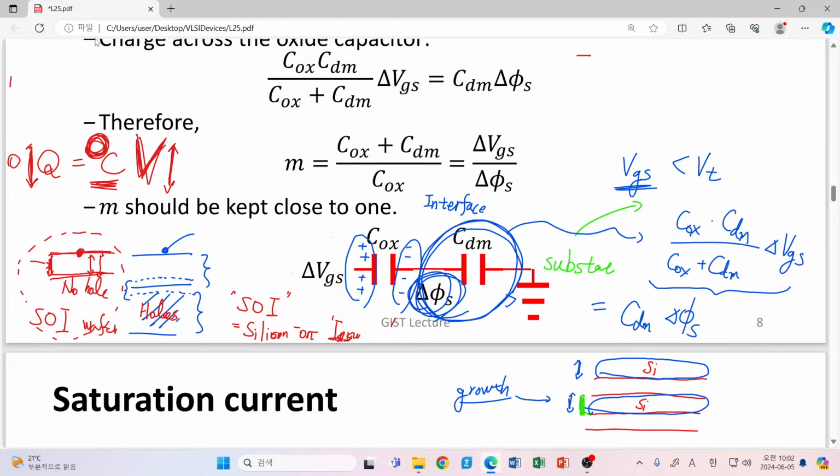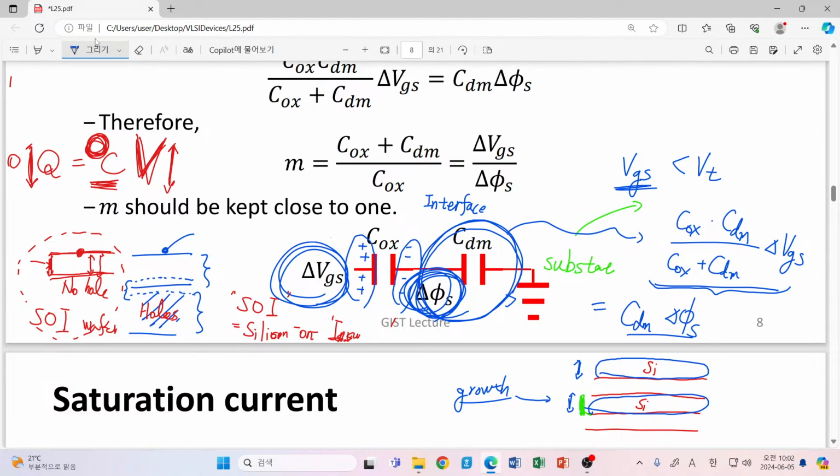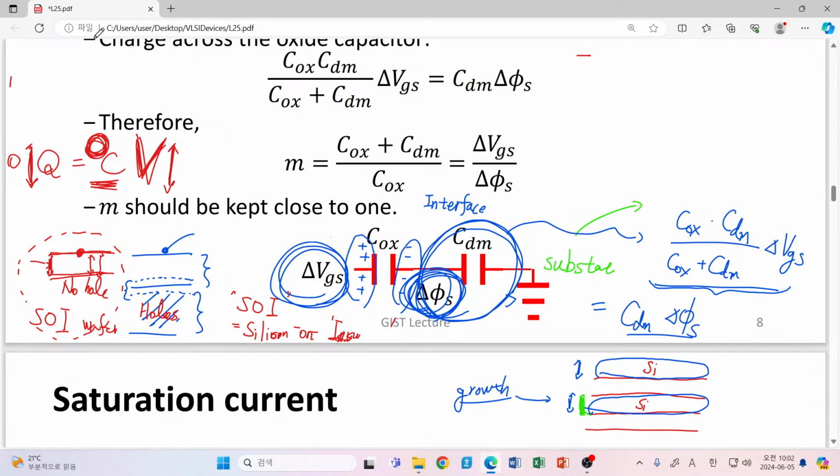So are you all with me? I'm just showing that if we have two serially connected capacitances, then the potential change across the overall system and the internal change at the intermediate node are related in this way. Please try to make a comparison between these two components, for example, delta VGS divided by delta phi s.